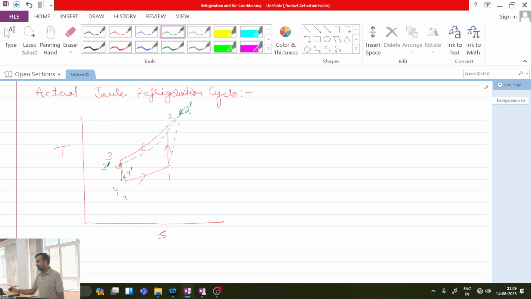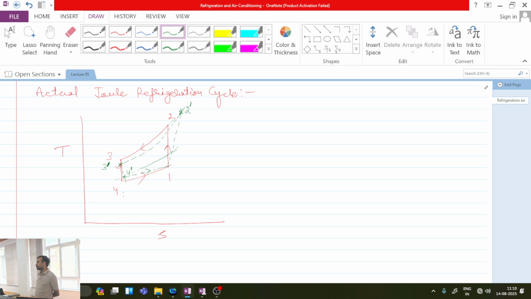Is this one clear? So point 4 dash will be slightly above the constant pressure line, so that whatever pressure drop is taking place is accounted for. So the constant pressure line to point 4 dash will be something like this. From this constant pressure line, pressure has decreased. Is this one clear? Are all clear with this or not?